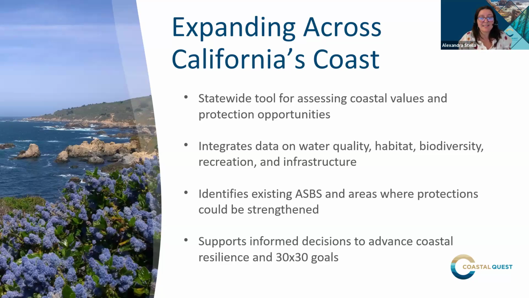By bringing these data sets together, we're really hoping to inform conversations among agencies, advocates, communities, and partners. And this matters because expanding and strengthening the SWQPA network can help protect water quality, sustain ecosystem function, safeguard biodiversity, and enhance coastal resilience, supporting California's broader 30 by 30 goals.